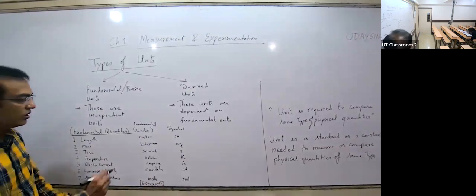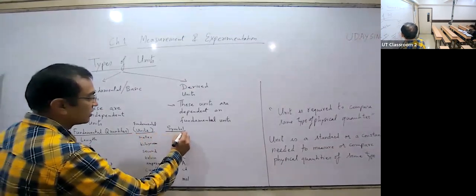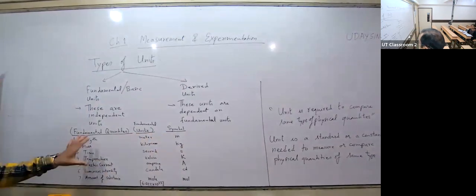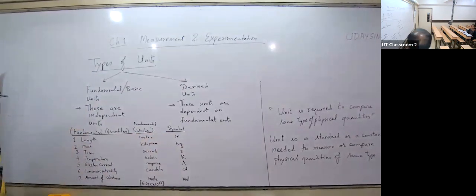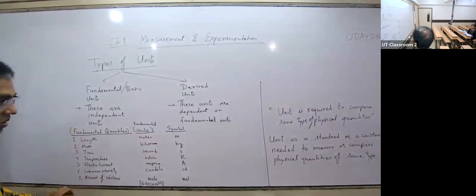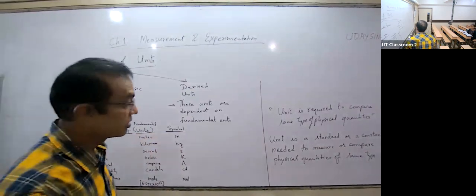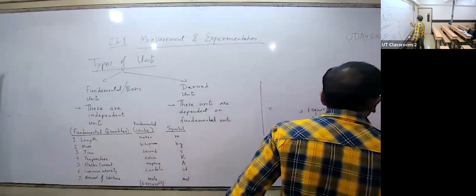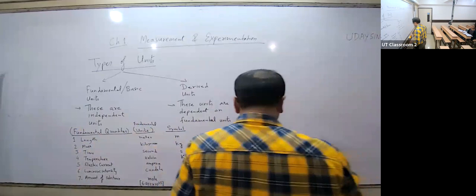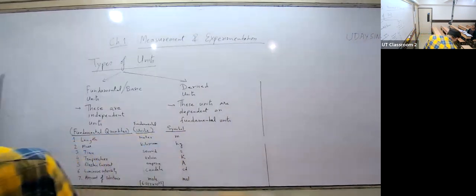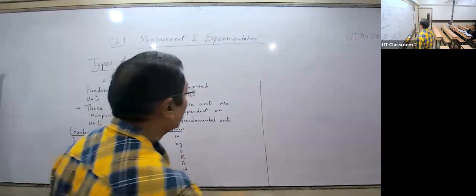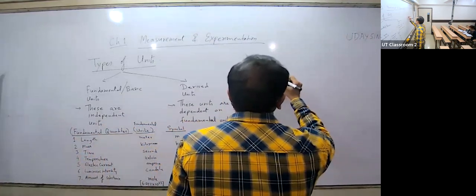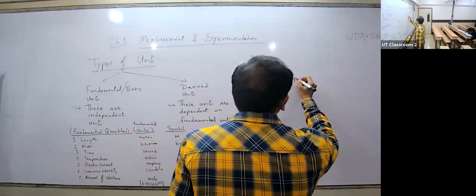Okay. So you'll come across these things again and again, right? So this is all in fundamental quantities. In fundamental quantity, there are two supplementary quantities also. They are called supplementary or complementary, two more. So under fundamental quantities, two complementary quantities.